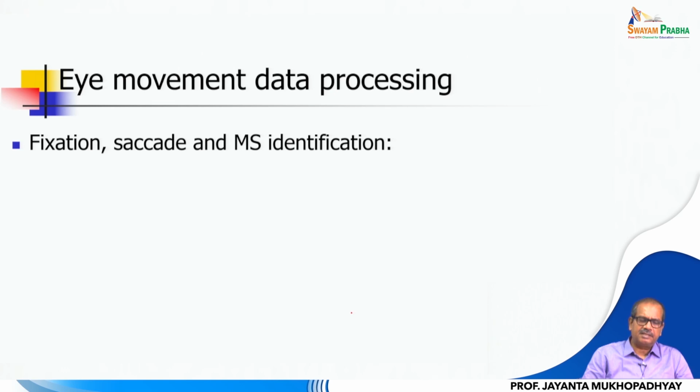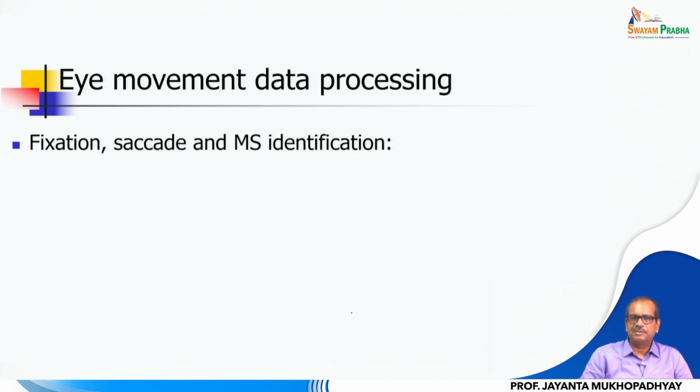Identification of fixation, saccadic and microsaccadic intervals is one of the major tasks of this kind of eye gaze analysis. One cue I have already mentioned is that the velocity profile gives you some indications, but it is not a very hard decision, because they vary within certain ranges and there are overlapping ranges.